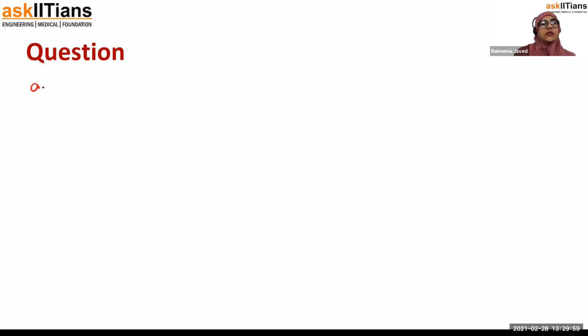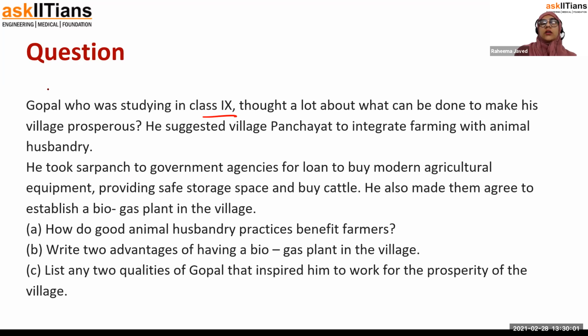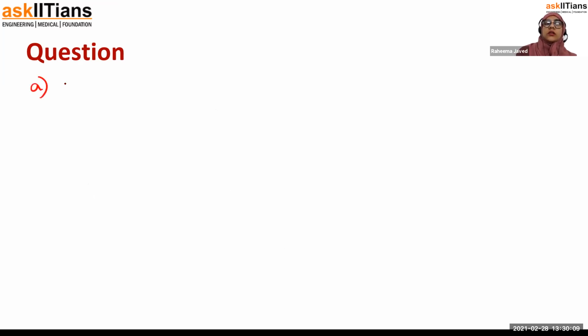The first one is about how good animal husbandry practices benefit the farmer. It can help them to have an additional income source.